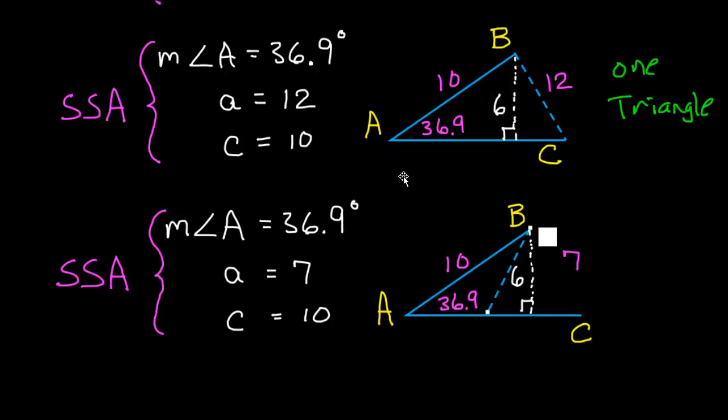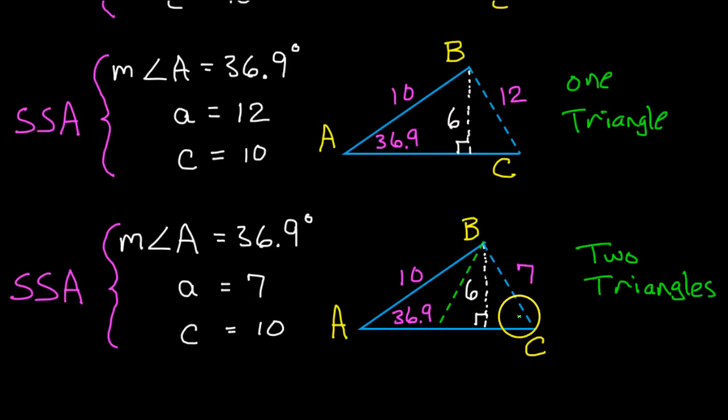But this time, this side is 10, but our side that we're swinging like it's on a hinge is only 7. So it will fit in here. So we really could have two different triangles. We could have an acute triangle like this, or we could have an obtuse triangle like this, where this would be an obtuse angle in here.